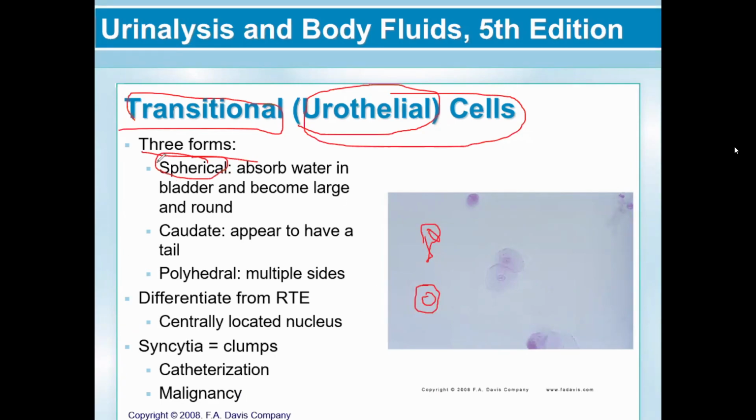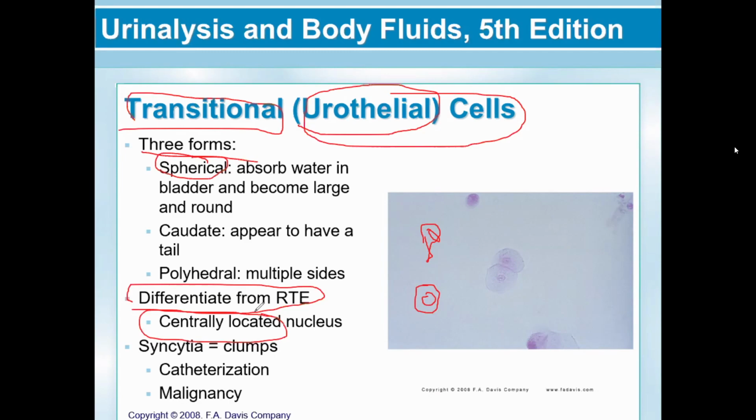Okay? Lalo na, ading, for the spherical transitional cells or urothelial cells, di ba minsan napagkakamalan natin siyang renal tubular epithelial cell na bilog. Okay? Kasi magkamukha nga sila, pareho silang bilog. Pero paano natin ma-differentiate ito from your renal tubular epithelial, lalo na yung sphericals natin? We observe the nucleus. Kapag centrally located yung nucleus ng bilog na epithelial cell na yan, then that's a transitional cell or urothelial cell.